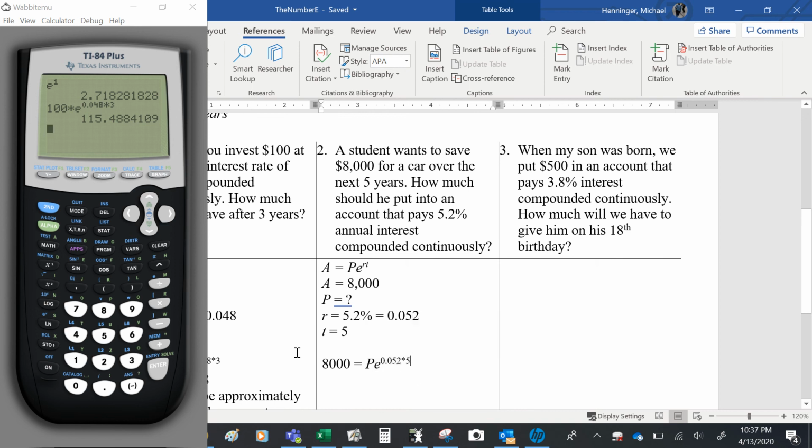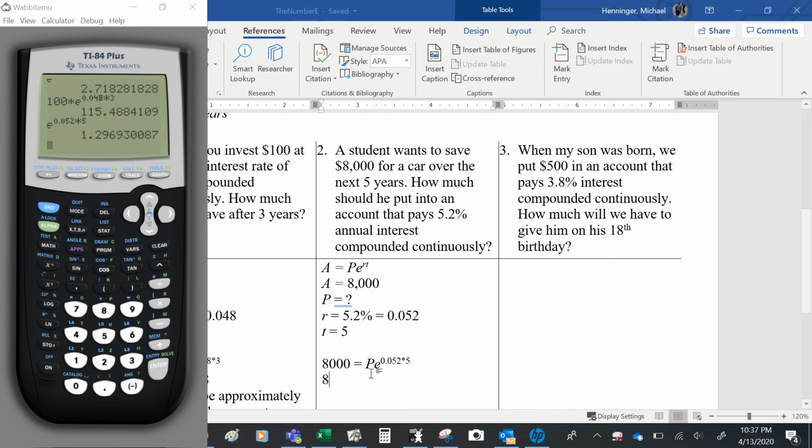So I'll go over to the calculator and I'll type second e, 0.052 times 5. And that's what that value is.